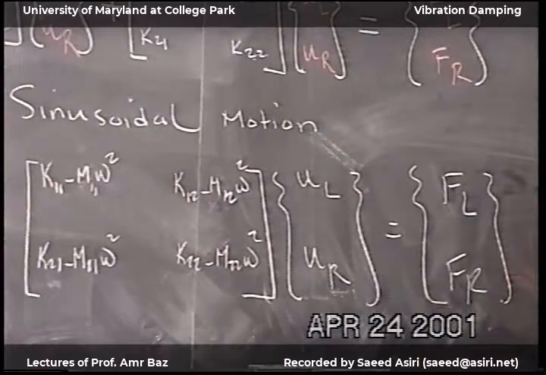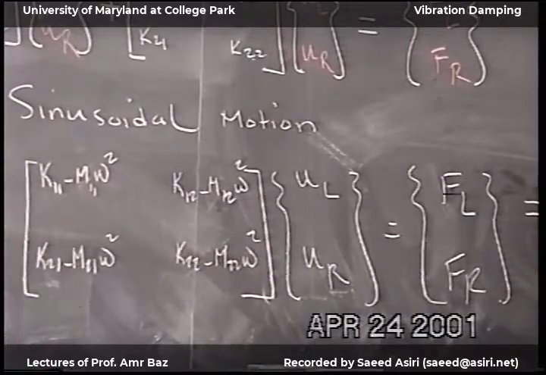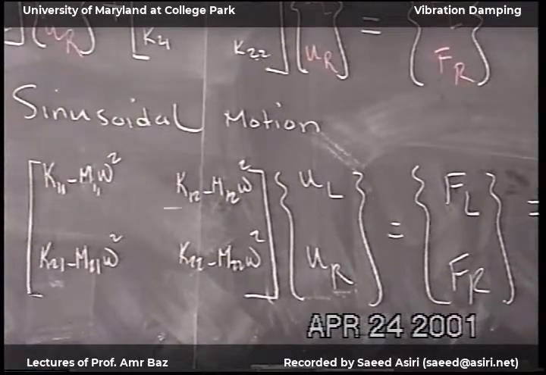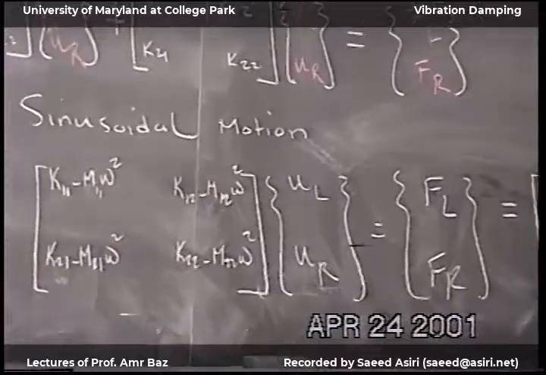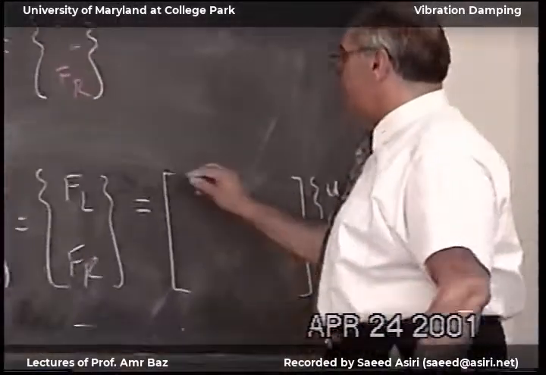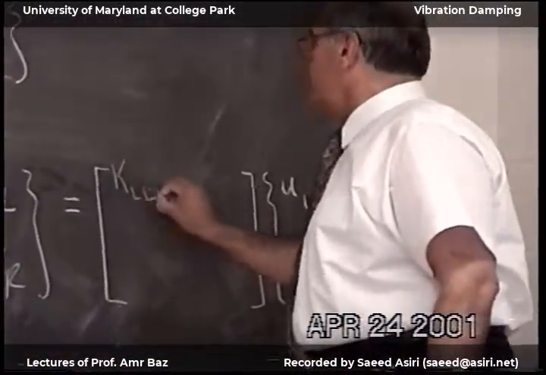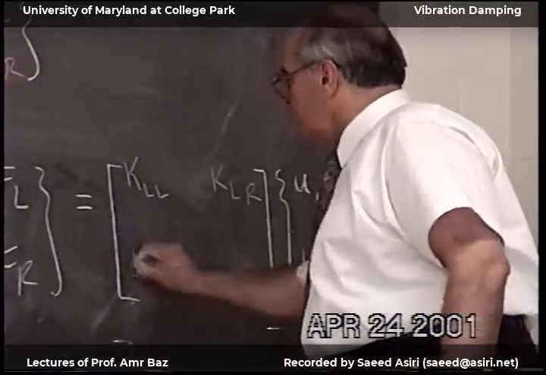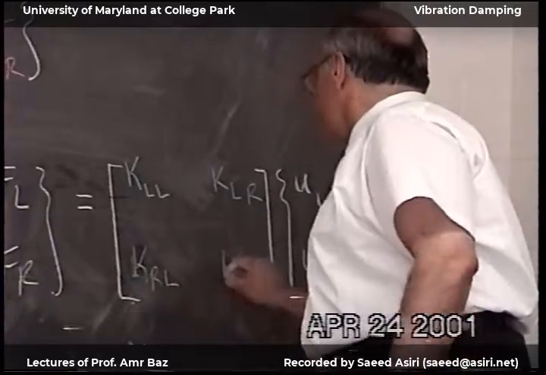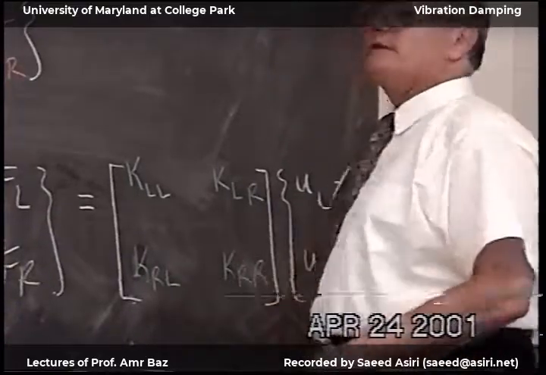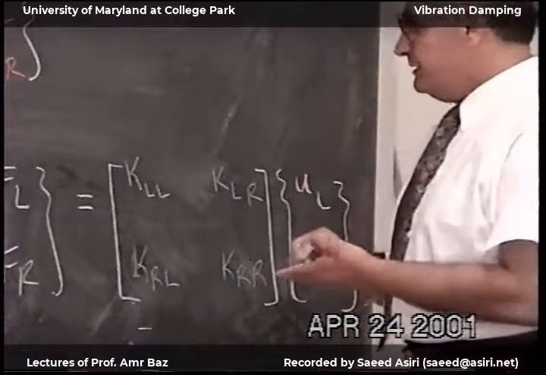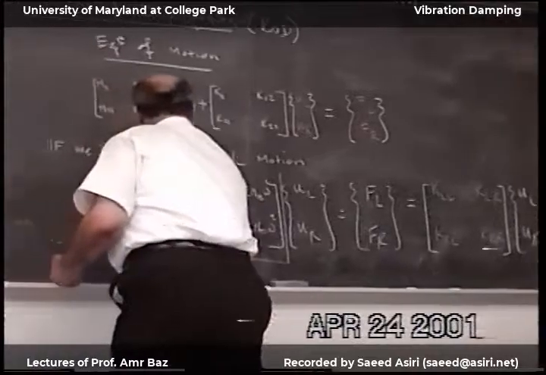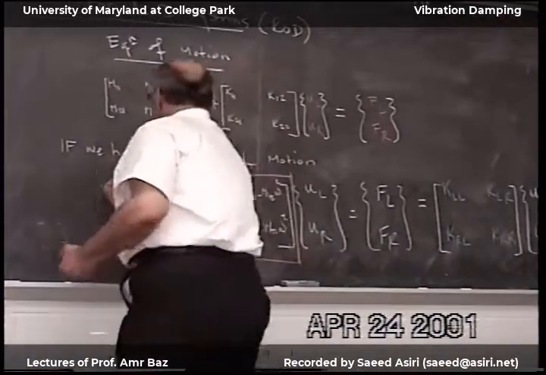And we can write this like this. And I write it in this form, KLL, KLR, KRL, KRR. And the reason is this matrix is called now the dynamic stiffness matrix.